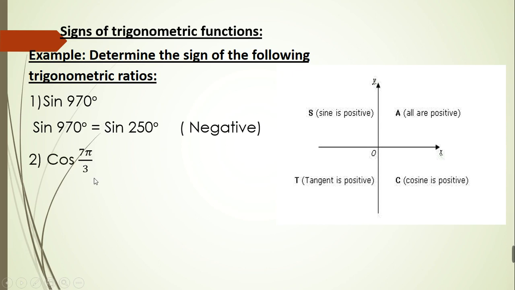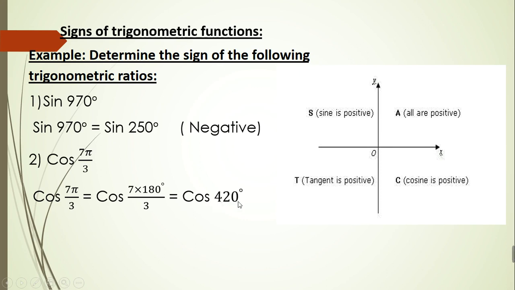Number 2. Cosine 7 pi over 3. This is a radian measure. I can easily convert it into degree measure by replacing pi by 180. So cosine 7 pi over 3 equals cosine 7 times 180 over 3 equals cosine 420. 420 is a number greater than 360, so I will subtract 360.